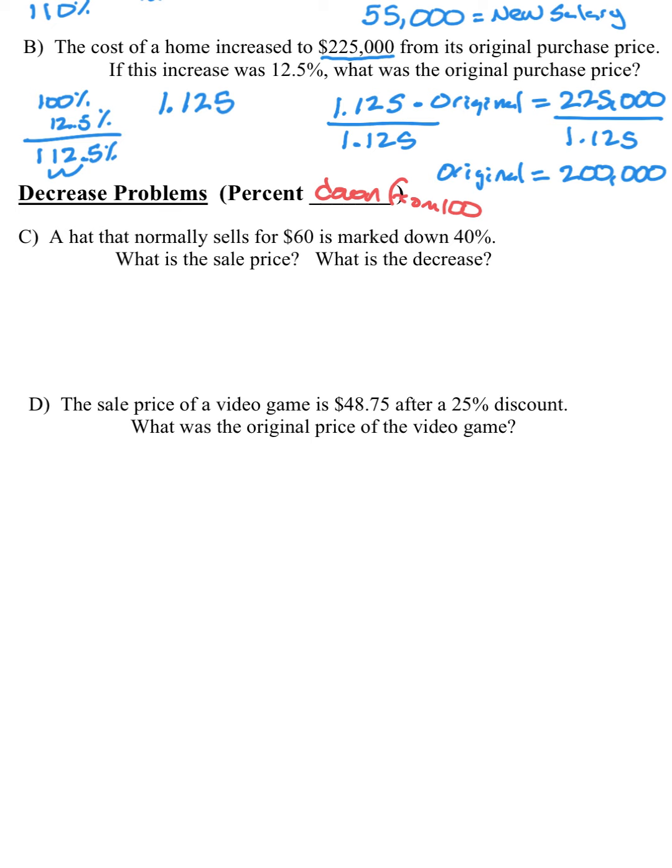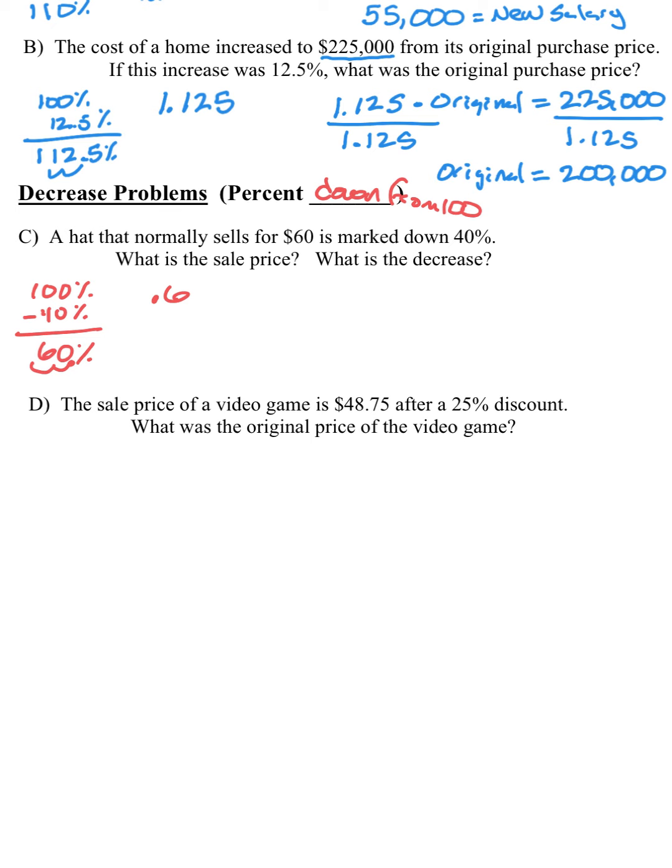What is the sale price? So let's talk about it. It started at 100%. It's marked down 40%. That means we are paying 60%. We're going to change that to a decimal. Remember, the decimal starts at the end if it's not there, moves twice, and that means 0.6.